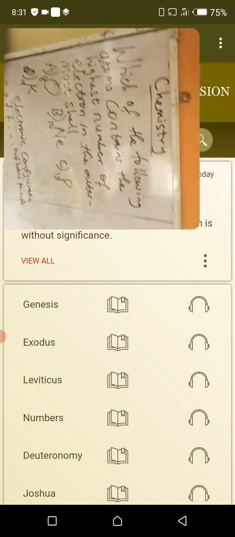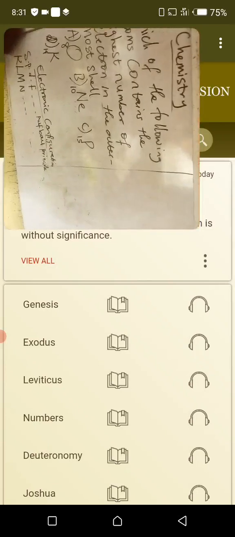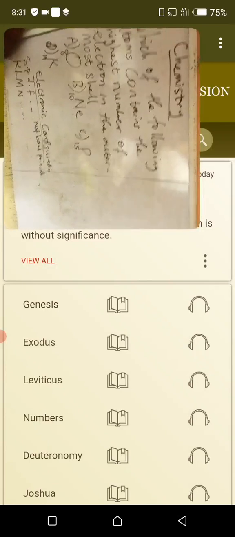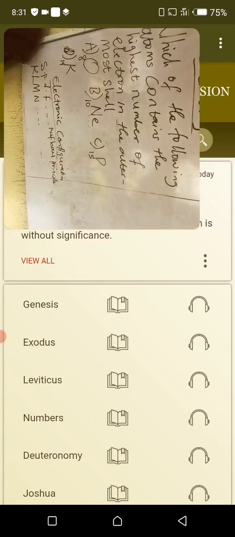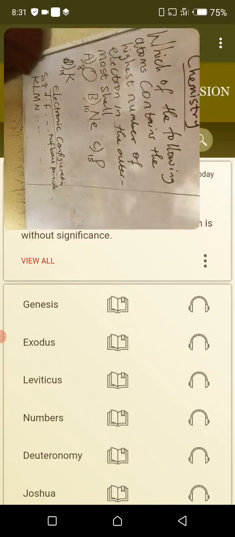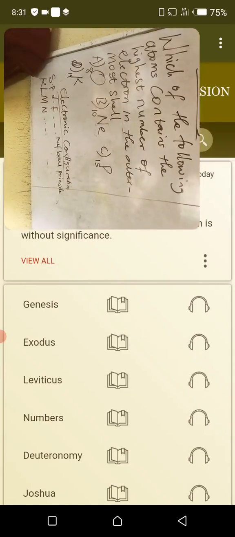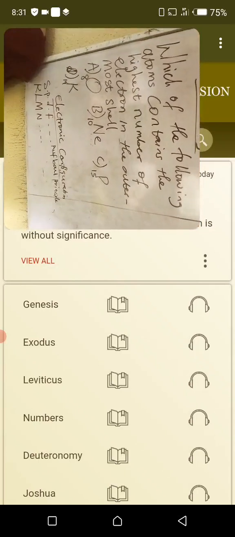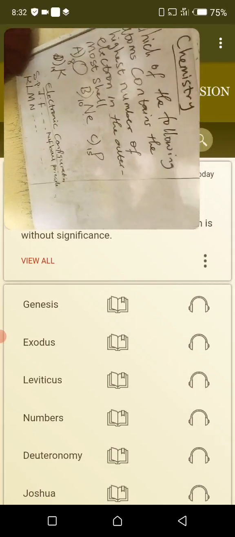Alright, for you to be able to answer this question correctly, you need to have a good knowledge of electronic configuration. And for you to do that, you have to either master the SPDF method of electronic configuration or the KLMNO method.